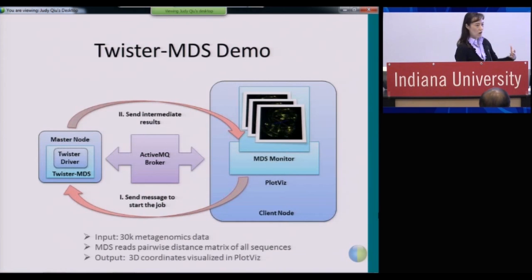So that's why we have a variety of optimizations. With that algorithm running on the clusters using Twister, we can timely generate all those dimension reduction results, and we use the middleware system to transfer the data to a local visualization tool called PlotViz. The demo is using 30,000 metagenomics data, and we'll show you this demo.